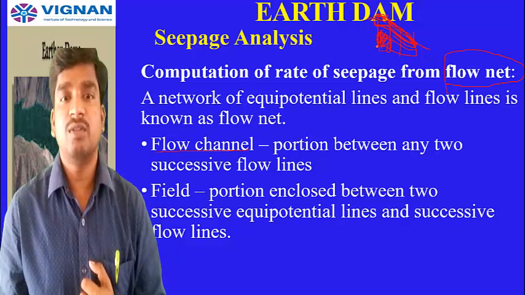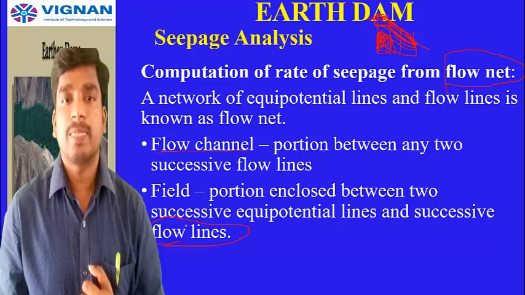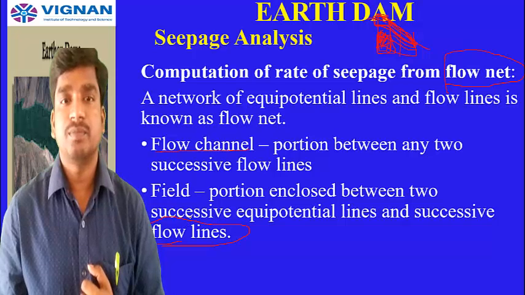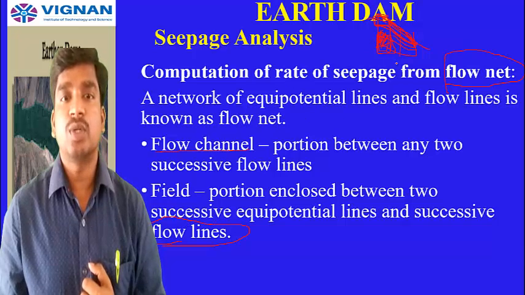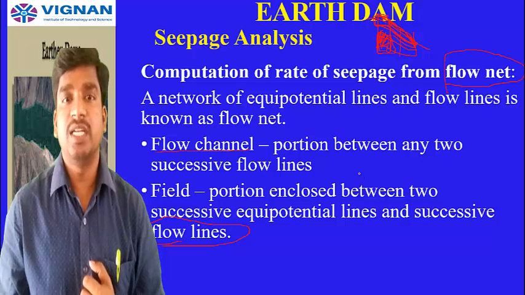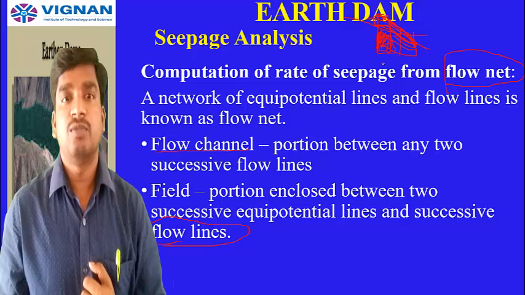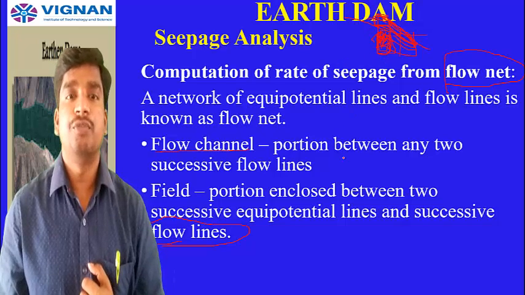The space enclosed between two successive equipotential lines as well as successive flow lines. So this is about flow channel and field. The horizontal one is called the flow channel, and the rectangular portion is called the field.